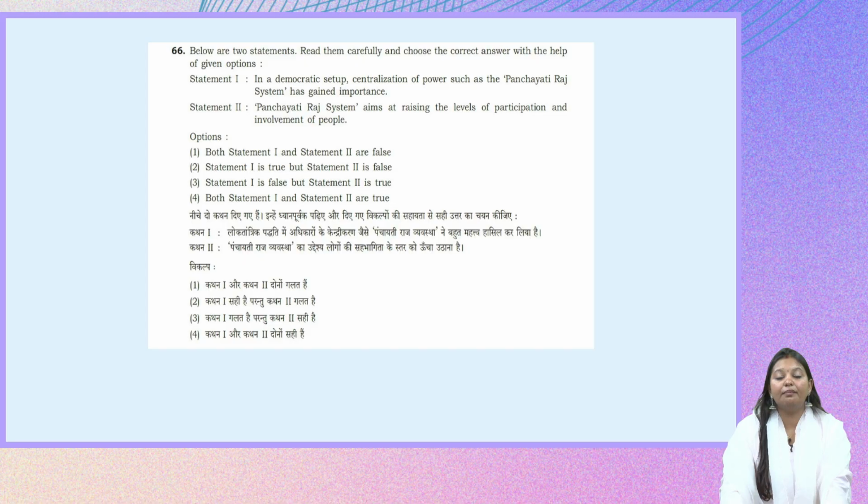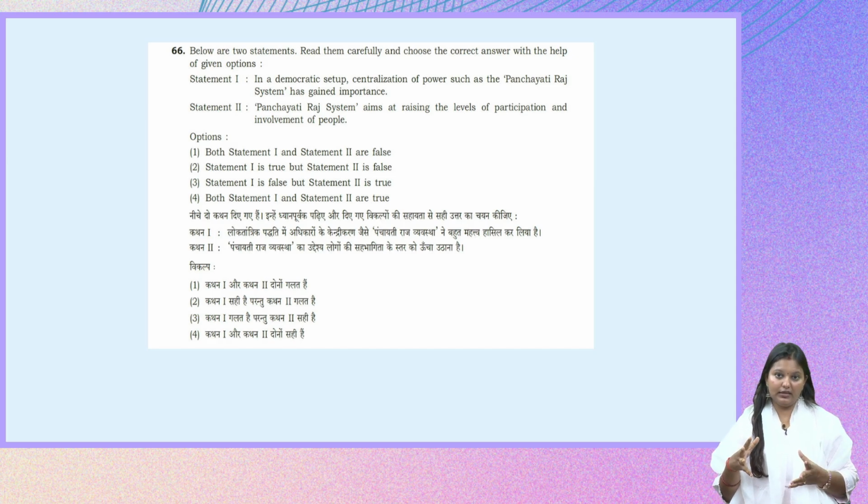Statement 2, Panchayati Raj system aims at raising the level of participation and involvement of people. Now we have to tell whether these statements are true or false, just like the last question. But the concept that they are discussing here is decentralization, centralization, what happens in a democratic system, and what is the basic role of Panchayati Raj system.